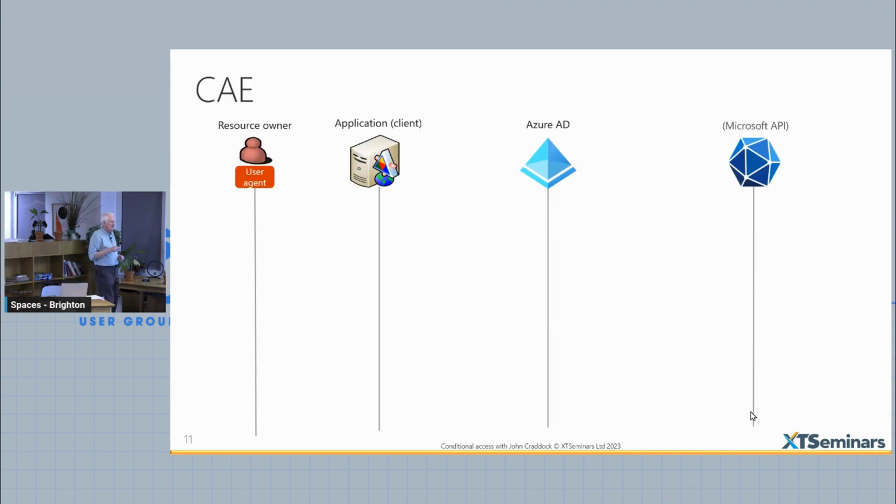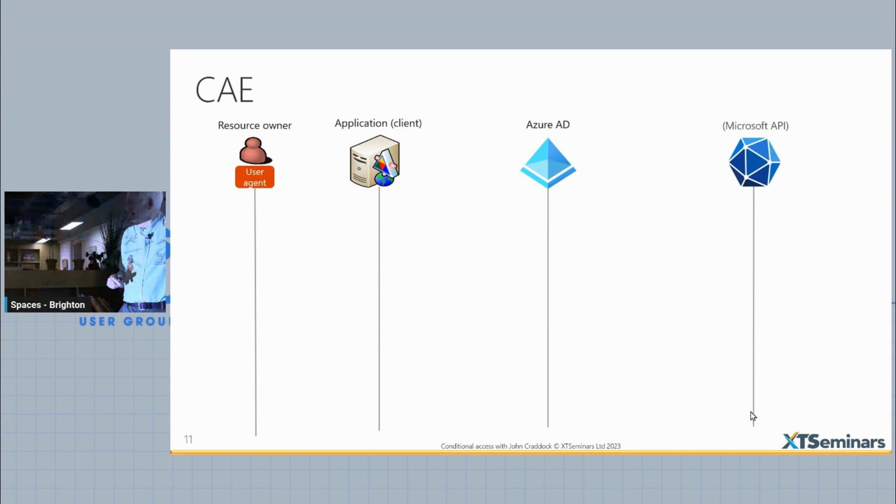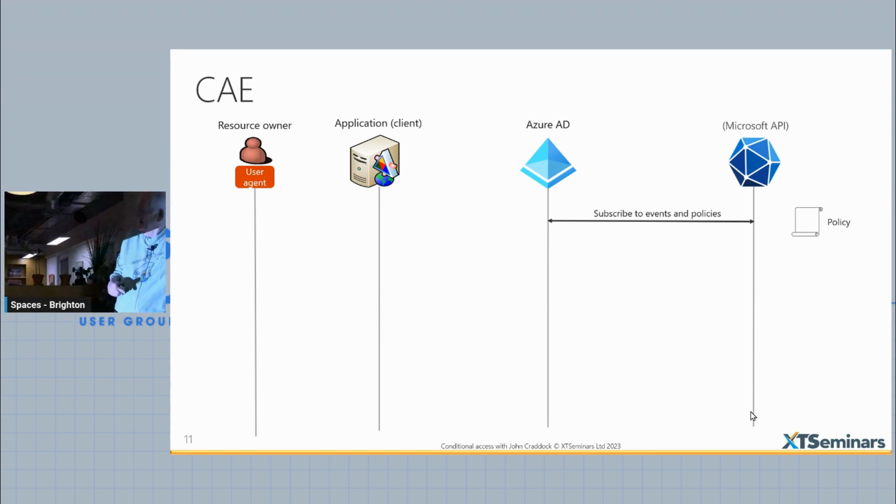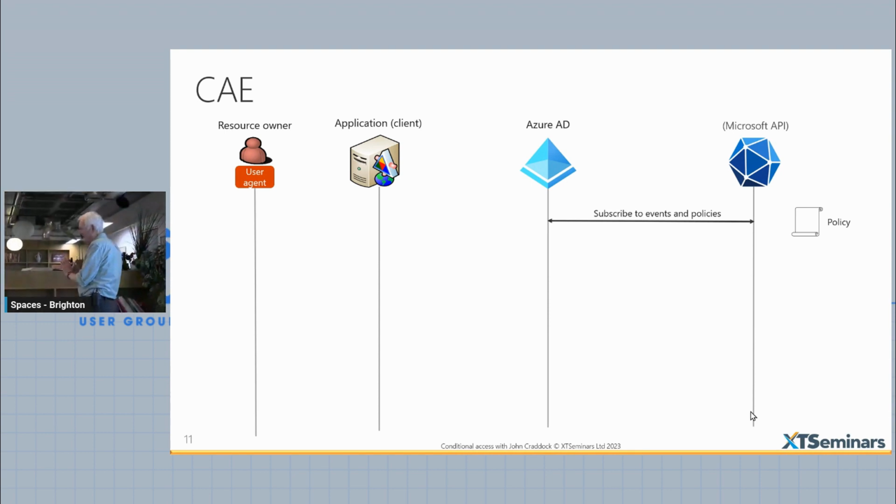So with CAE, the IDP and the API talk to each other, and the API actually subscribes to the IDP, right? If this was a third-party API, then there would need to be a protocol for that subscription, which is part of the CAEP protocol.